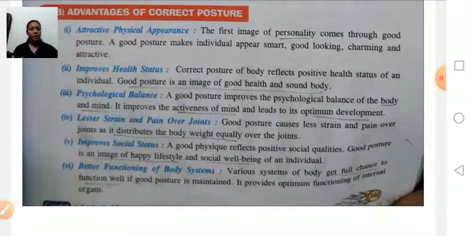Improved health status. Correct posture improves the health of an individual. Posture is an image of good health and a sound body. If the person has good posture, it means he is healthy and has a sound body.